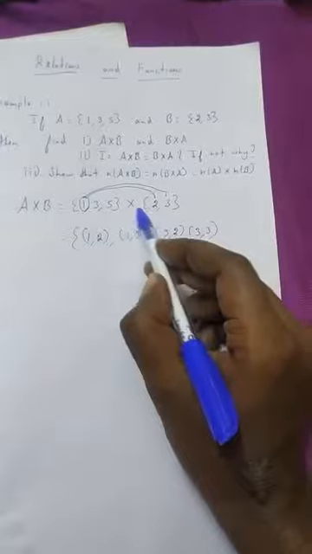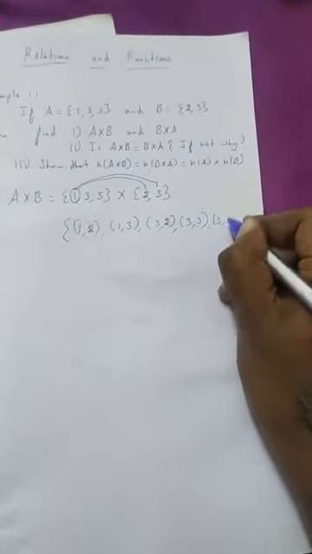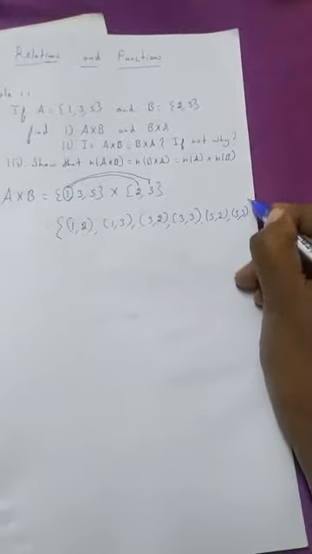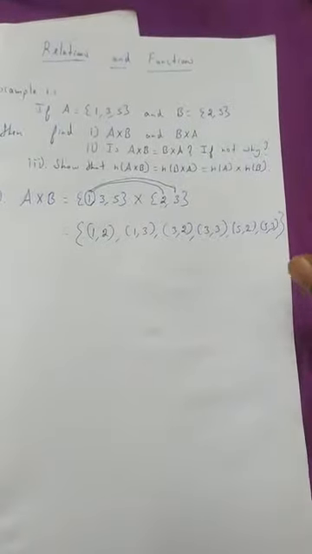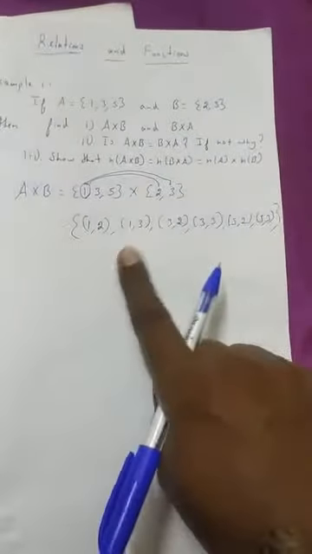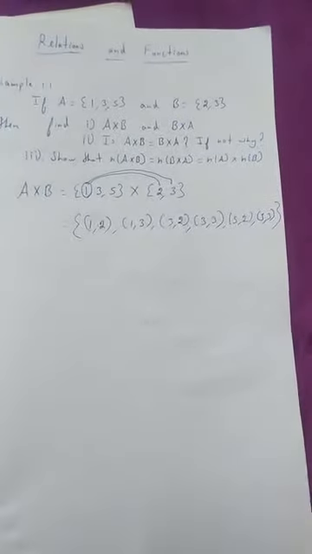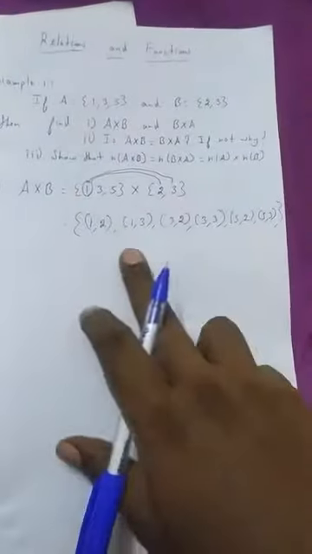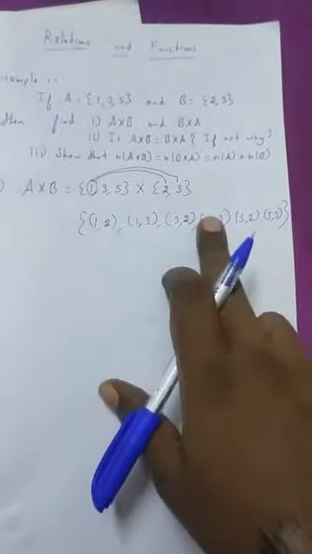That is (5, 2) and (5, 3), close bracket, right? So this is the Cartesian product of A and B. That is {(1, 2), (1, 3), (3, 2), (3, 3), (5, 2), (5, 3)}. So these are the possible ordered pairs we can obtain from the given two sets, right?